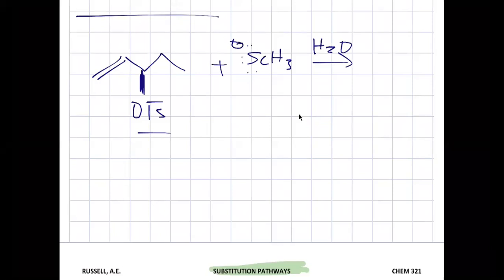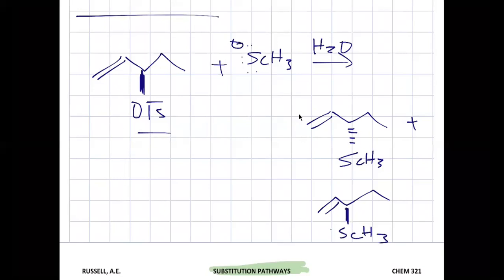So when I react this, what you'll notice is that now I'm getting two different products. Another key characteristic of the SN1 mechanism is racemization. Why do I get two products?